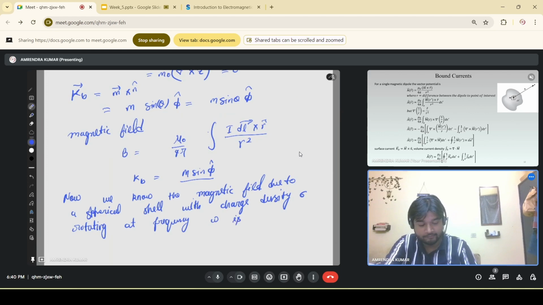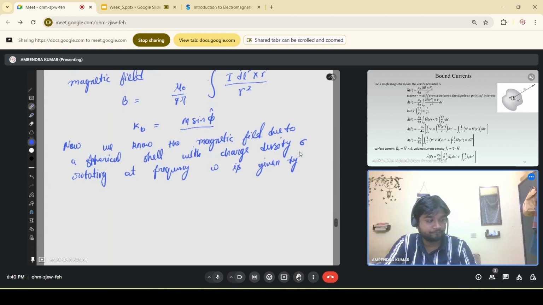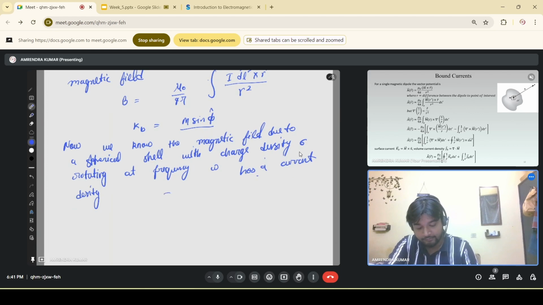It has a current density sigma v, and sigma is constant, with v equal to r omega in the phi cap direction.